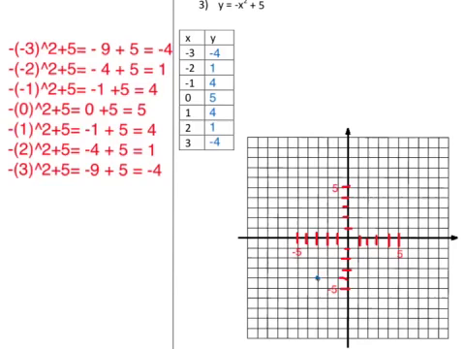And then negative 2, 1 is here. Negative 1, 4 is right there. 0, 5, 1, 4, 2, 1, and finally 3, negative 4.